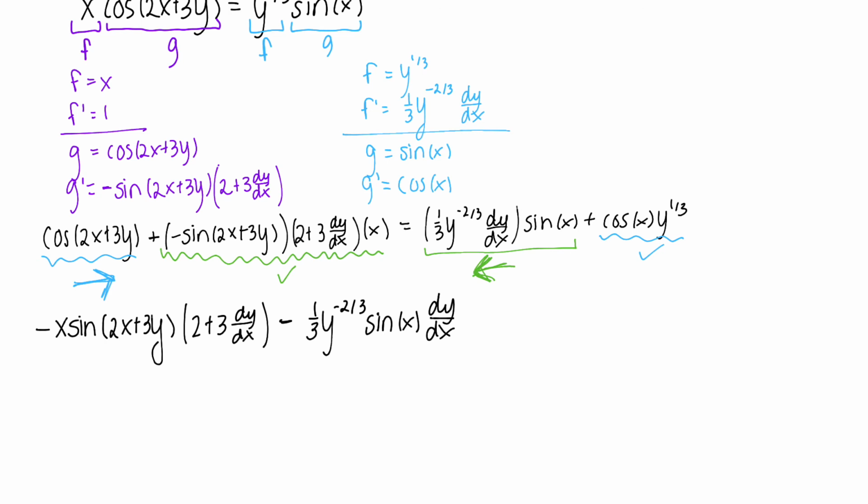I am going to have to distribute that guy. I was hoping to get away without it, but I'm going to have to. Then we have y to the 1/3 cosine x minus cosine of 2x plus 3y. So unfortunately, I do have to distribute this guy because I need that dy dx by himself. I'm going to have to distribute and then move one of them over.